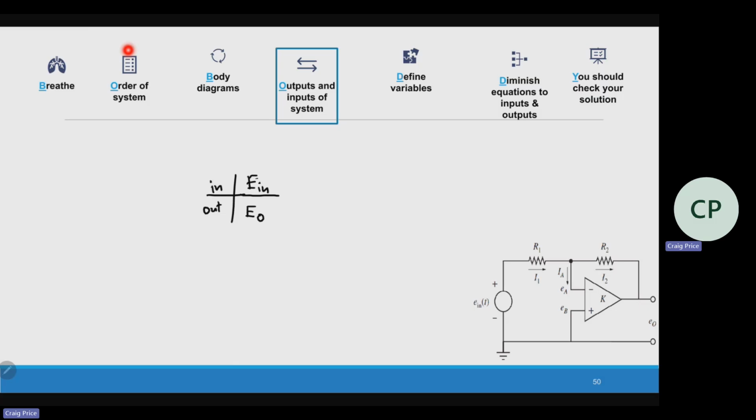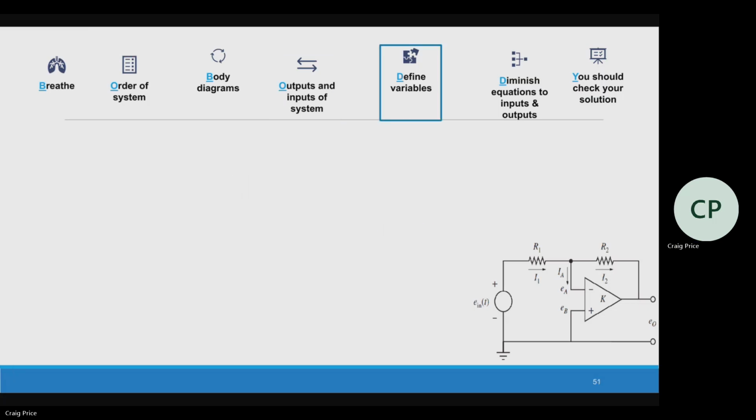And that's really what it is for any op-amp problem. We always have some kind of input. We're looking at the output. How does it change? We can figure out what that transfer function is. And then our definitions. And then we'll be done once we get that transfer function.